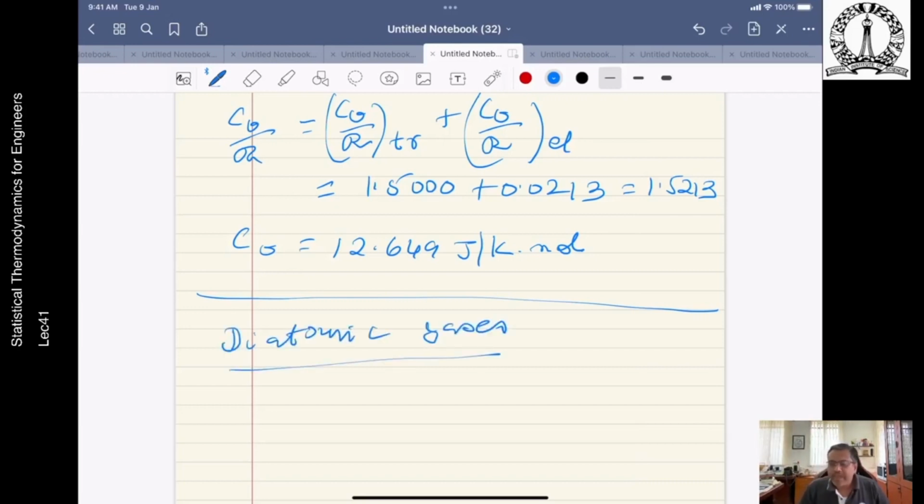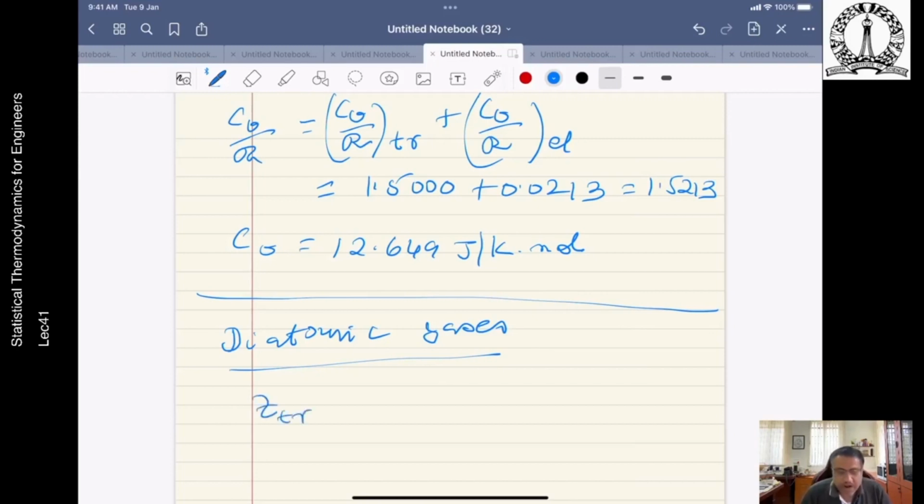So that is what we are going to do. For diatomic gases, we are simply going to add for the two. The translational partition function of a diatomic is based on the conversion to center of mass coordinates that we already know.